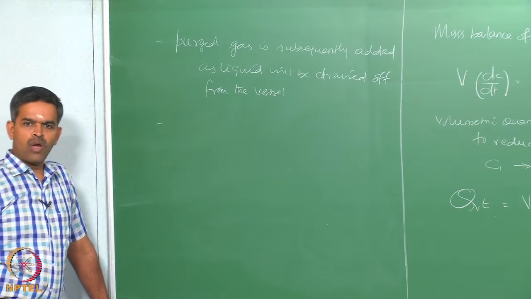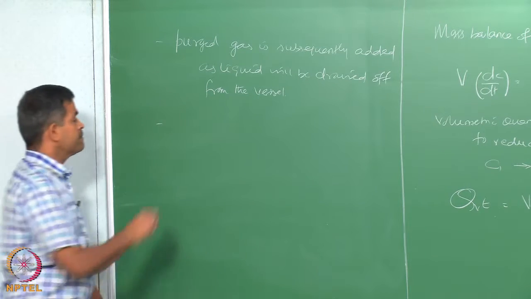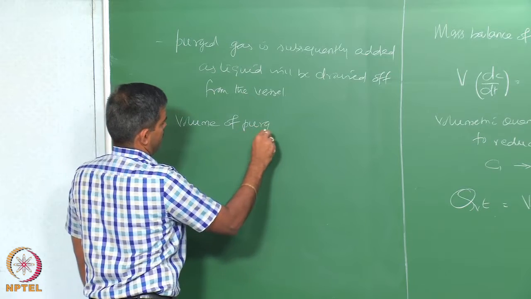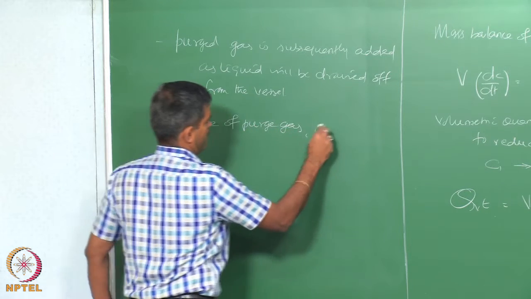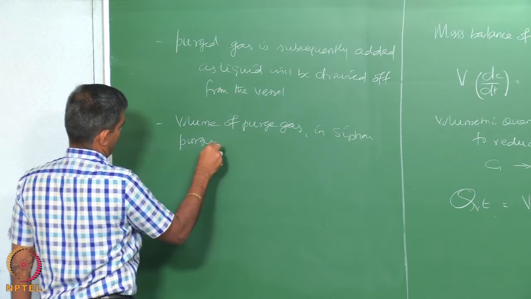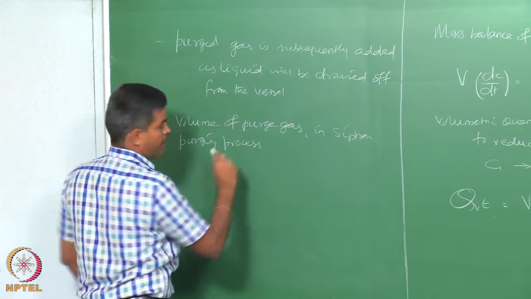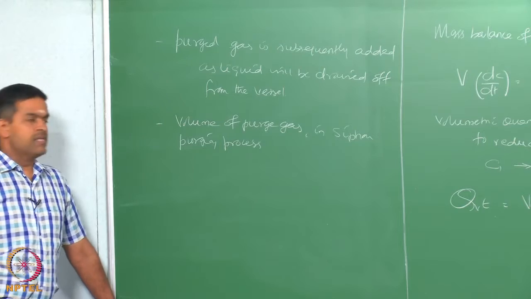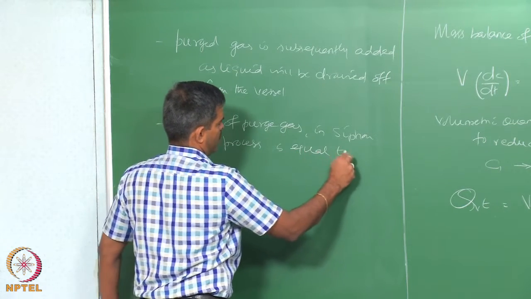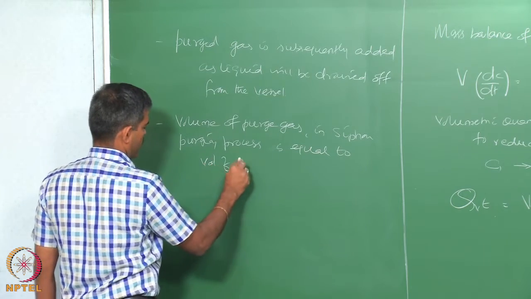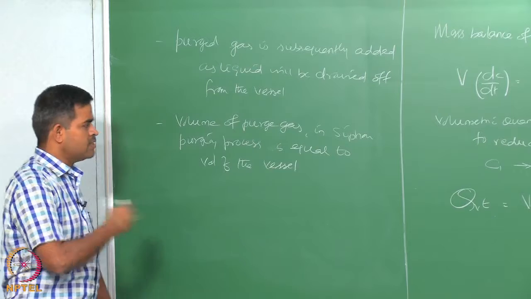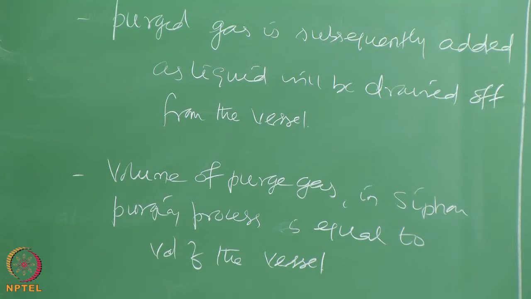Now, interestingly, the volume of purge gas used in this case is actually equal to the volume of the vessel, because it is essentially replacing the liquid inside the vessel.